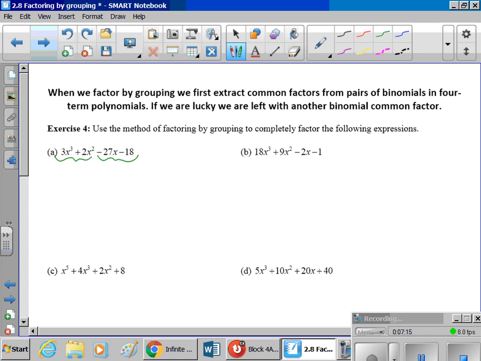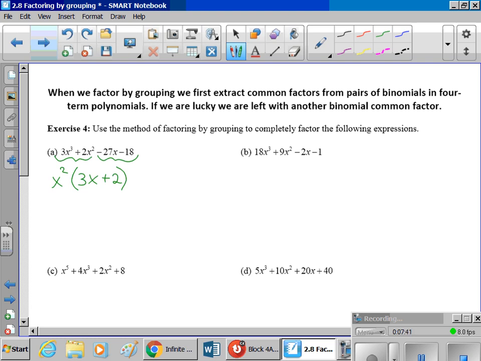So the first half here, 3x cubed plus 2x squared, you're going to pull out an x squared, and what do we have left over? 3x plus 2. Now we want to try to get this 3x plus 2 again in the second half. If I factor out just the 9, I'm going to end up with negative 3x minus 2.